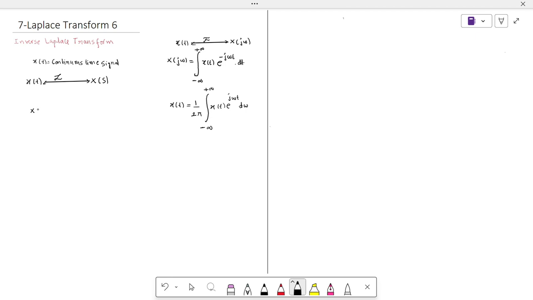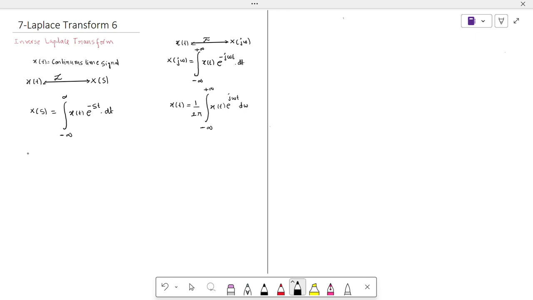So capital X of s equals the integral from minus infinity to plus infinity of x of t into e power minus st into dt. Now we have to derive the inverse Laplace transform from this concept and the inverse Fourier transform.